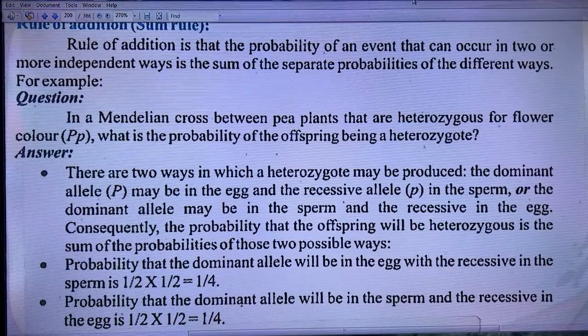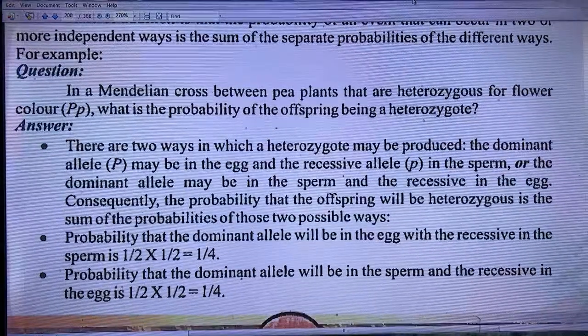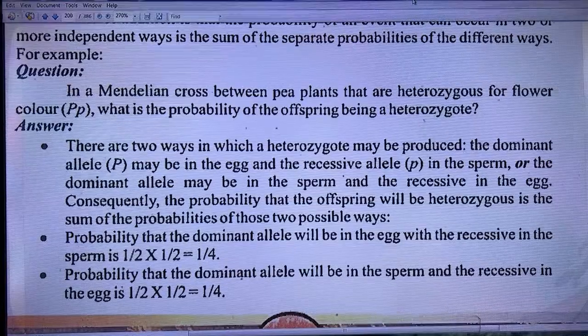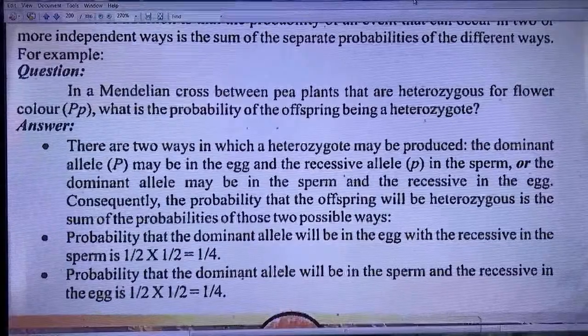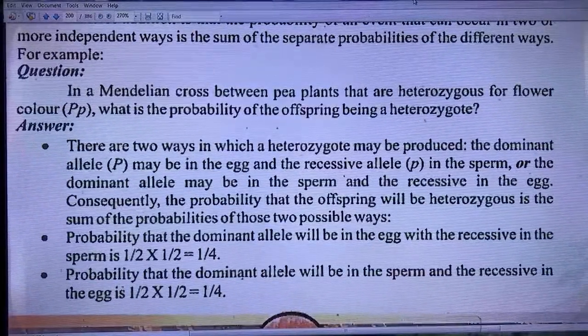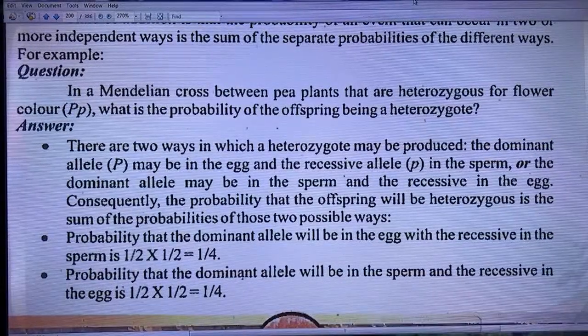Answer: there are two ways in which a heterozygote may be produced. The dominant allele P may be in the egg and the recessive allele p in the sperm, or the dominant allele may be in the sperm and the recessive in the egg. Consequently, the probability that the offspring will be heterozygous is the sum of the probabilities of those two possible ways.